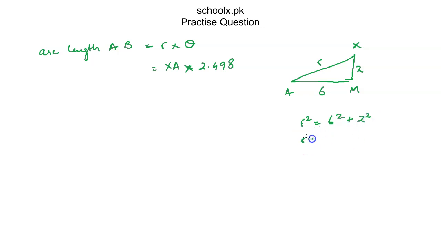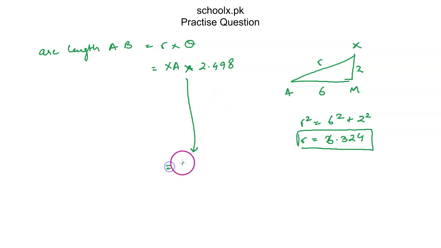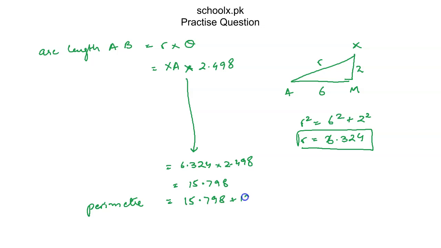So R is, let me compute this, 6.324. So our arc length becomes 6.324 into 2.498, 15.798. So perimeter is arc length AB plus line AB. Arc length is 15.798. The length of the line is 12. So we'll get 27.8 centimeters.